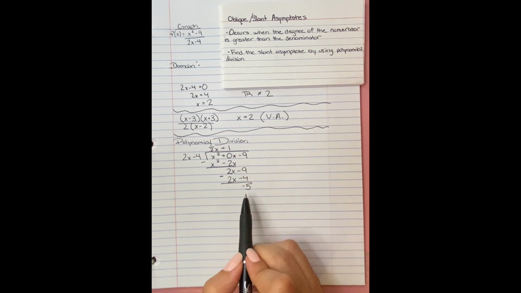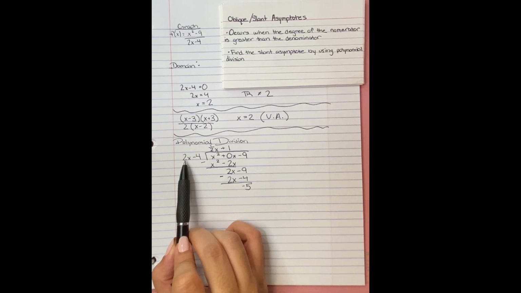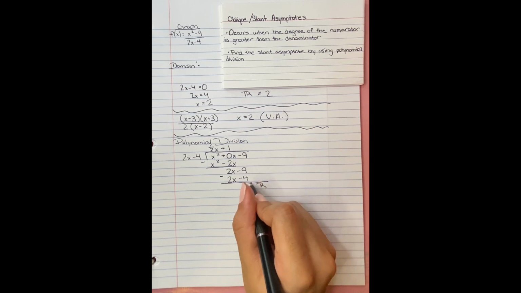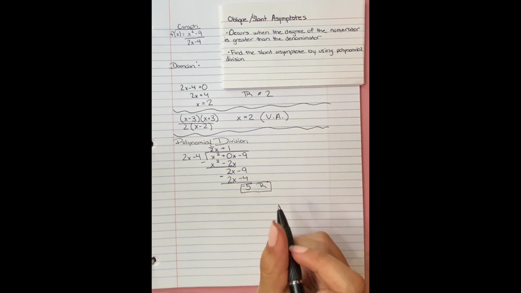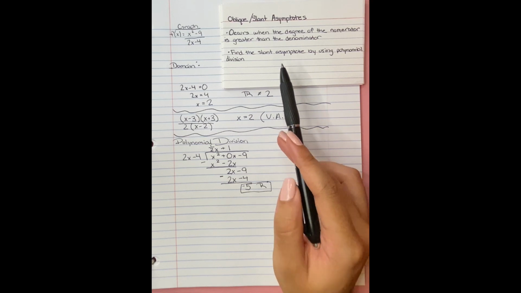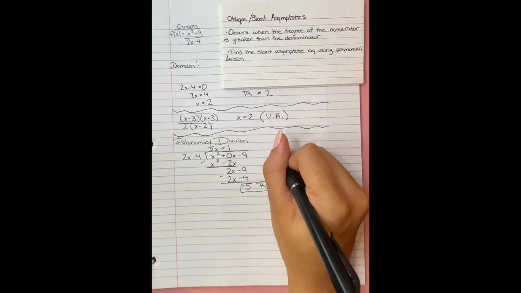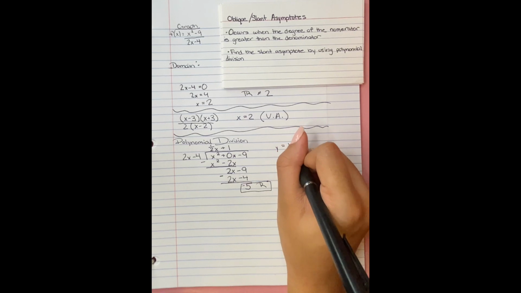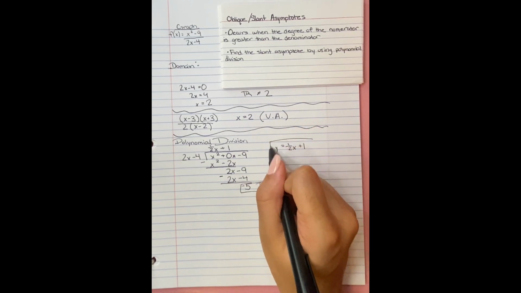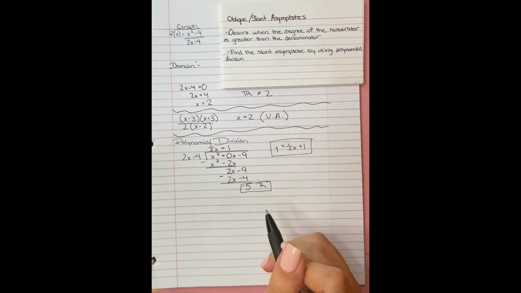And we stop here because this degree is smaller than this degree. So that means our -5 is just going to be our remainder. So now we know our equation for the slant asymptote is going to be y equals 1/2 x plus 1. And in this case, we don't worry about the remainder.